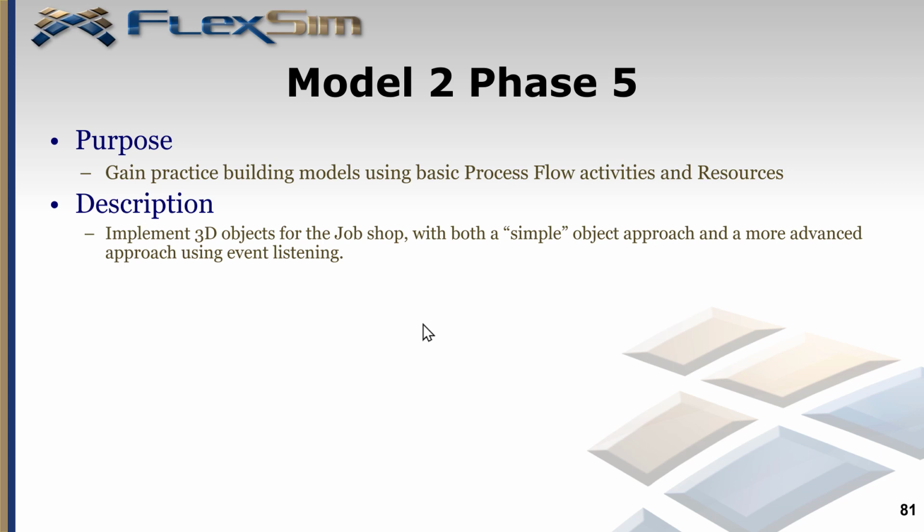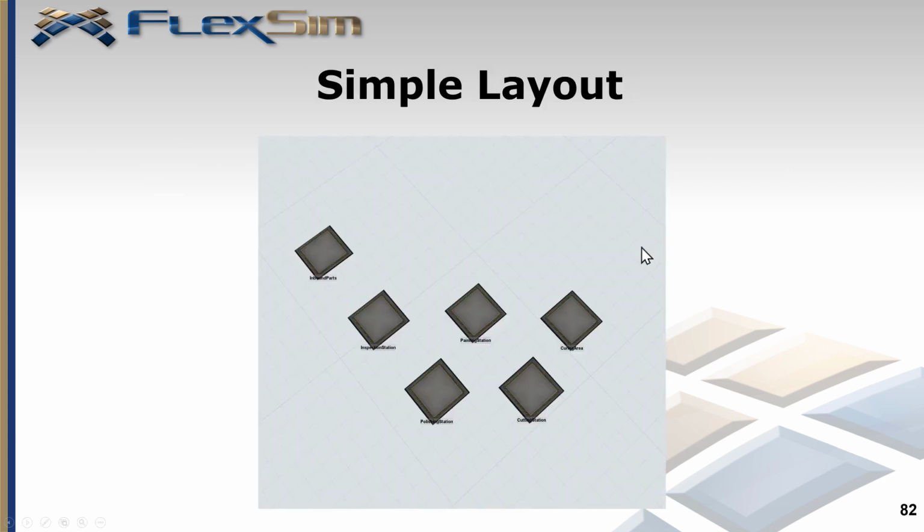And now we're going to work in combination with the 3D space and the process flow space by implementing 3D objects for the job shop, with both a simple object approach and a more advanced approach using event listening. We'll use 3D cues as the process locations, and then acquire those as resources and move the items or parts into each object. The layout will look like this.